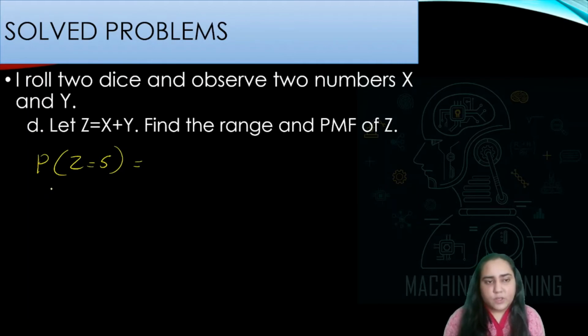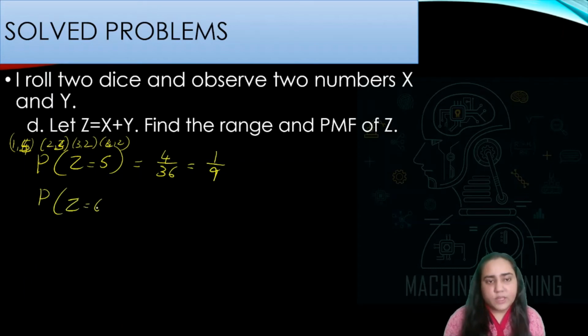For z equal to 5, you can have x and y as 1 and 4, 2 and 3, 3 and 2, and then 4 and 1. So you have 4 possibilities, which means you're going to get 4 by 36. And 4 by 36, if you evaluate it, you get 1 by 9. So that is for z equal to 5.